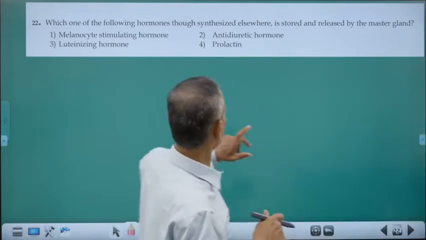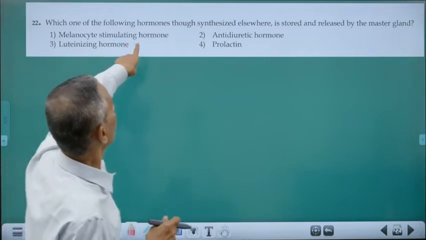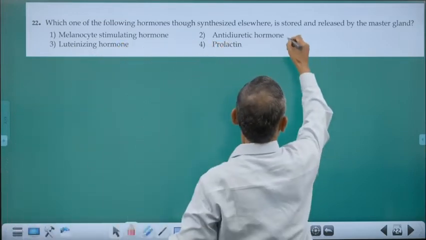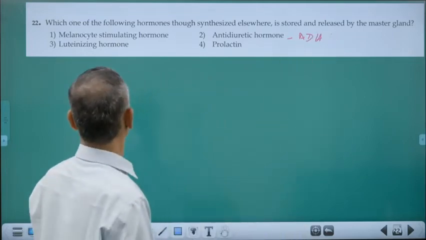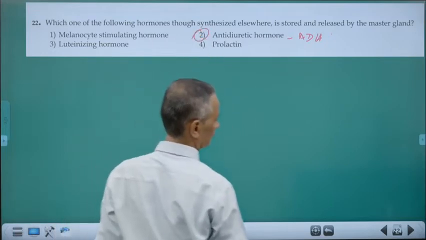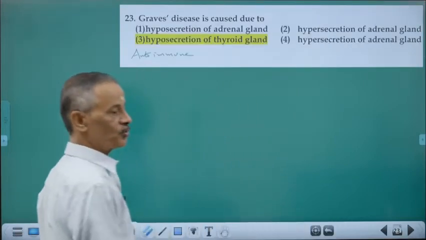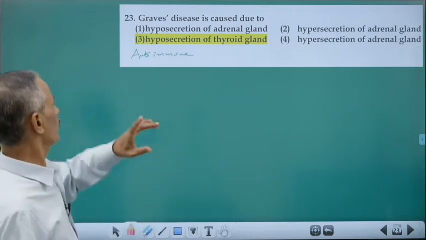So oxytocin, vasopressin. So which of the following hormones are antidiuretic hormone, ADH, vasopressin, oxytocin? There is no oxytocin, so this is the right answer. Produced by the hypothalamus, brought to the posterior pituitary and stored there.